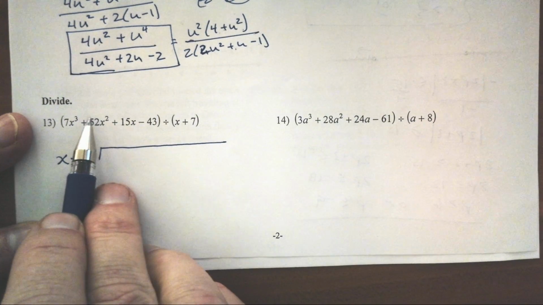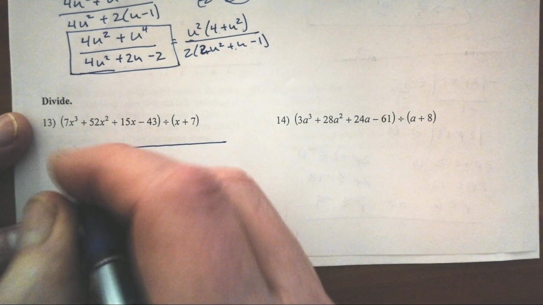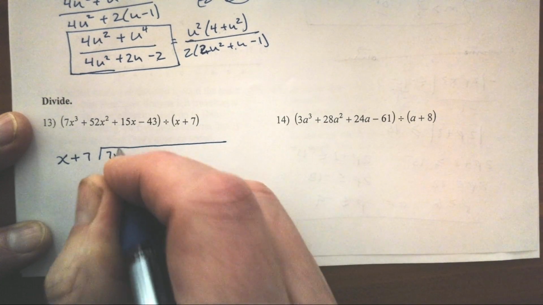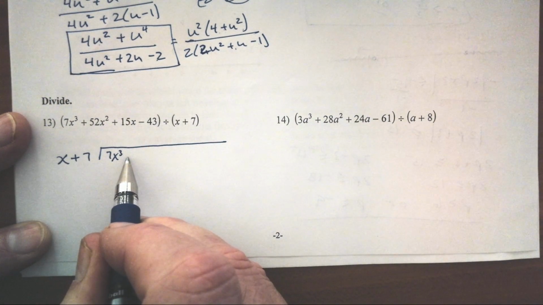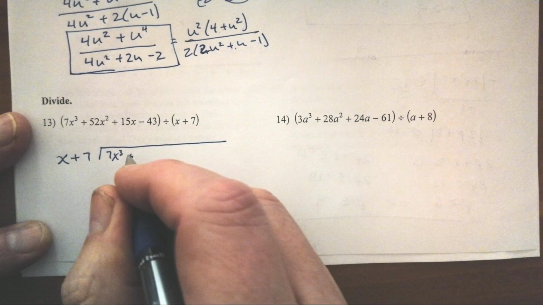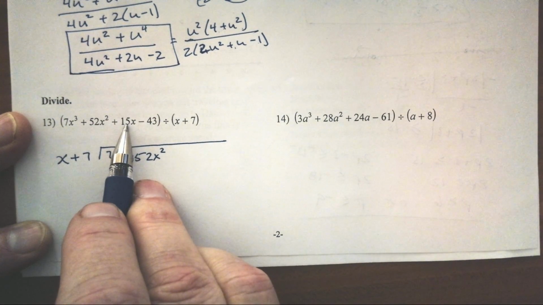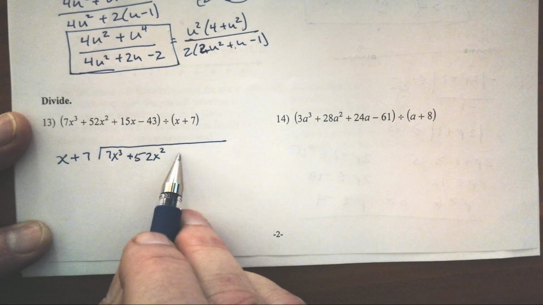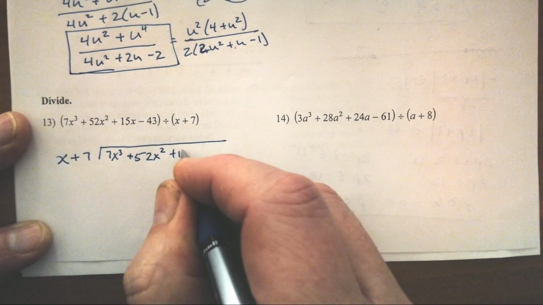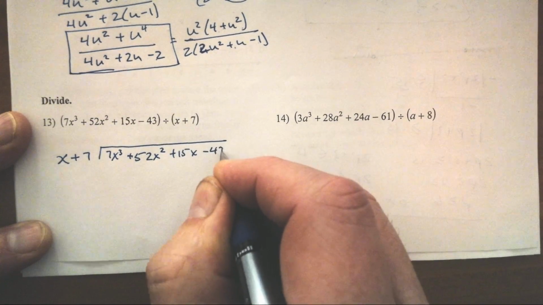If there was no x squared term here, I would put plus 0x squared, but I don't have any holes in this polynomial. If there were no 15x's here, I would put plus 0x, plus 15x and minus 43.